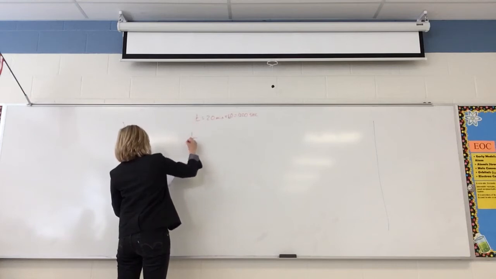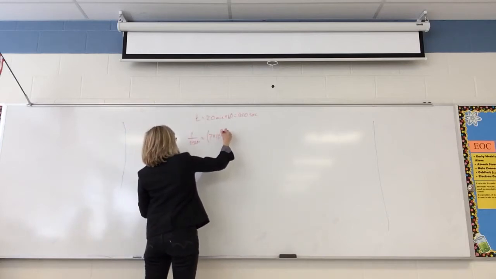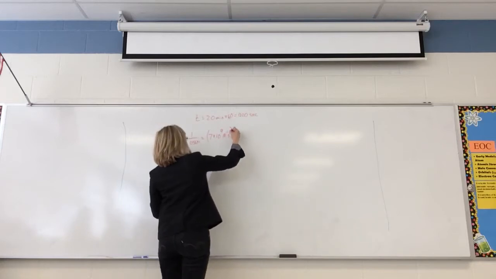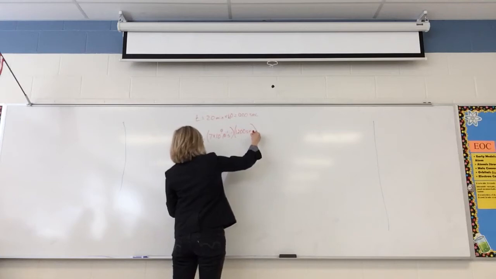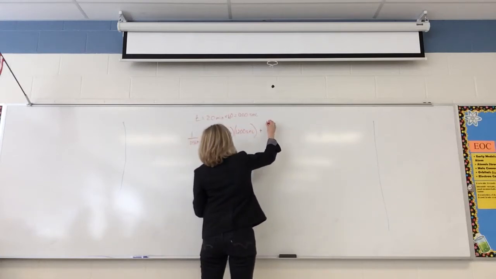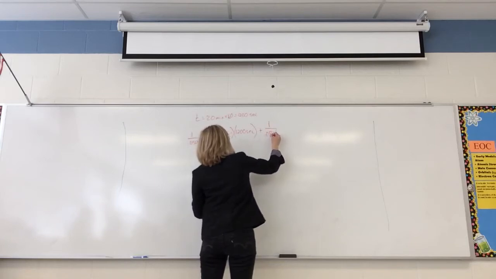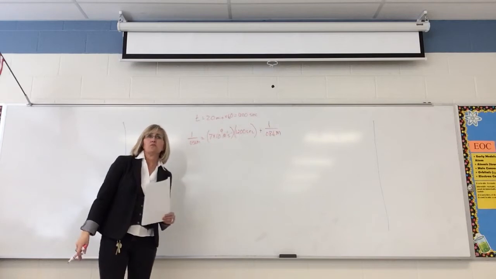1 over the concentration is equal to 7 times 10 to the 9th, molarity to the -1, seconds to the -1, times 1200 seconds, plus 1 over 0.086 molar. Now we just simply do the math.